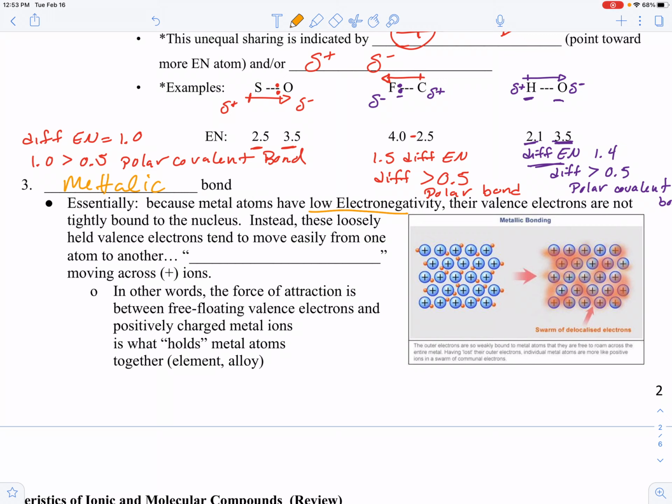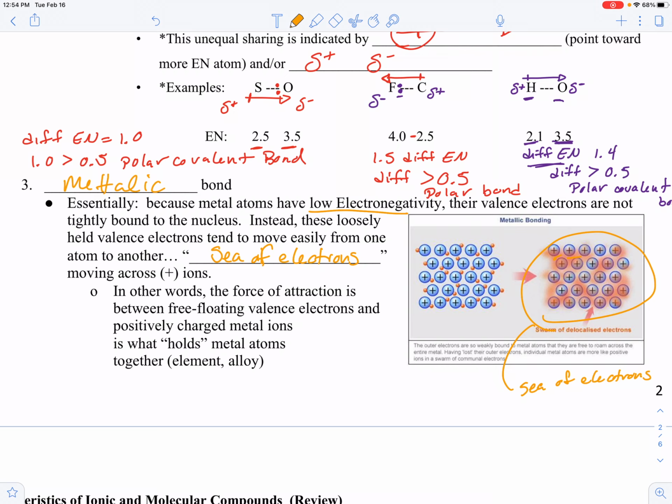And the electrons form what is sometimes referred to as a sea of electrons. The electrons move freely about the space, so you get this sea of electrons when your metals lose those electrons because they have low electronegativity.